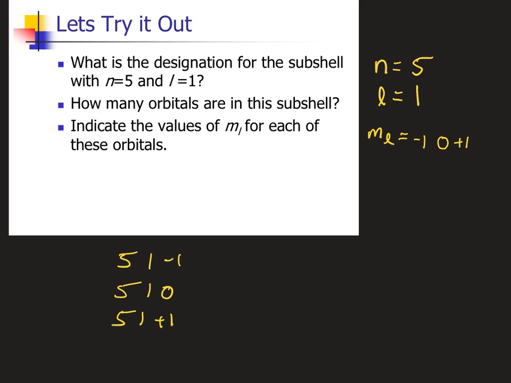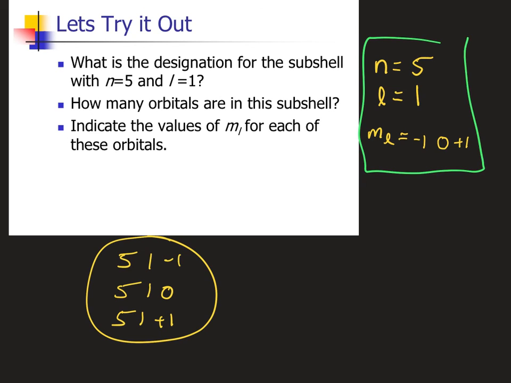I have 3 variations for that: 3 orbitals in the subshell. This is not always necessary to write out. This tells us the majority of what we need to know.